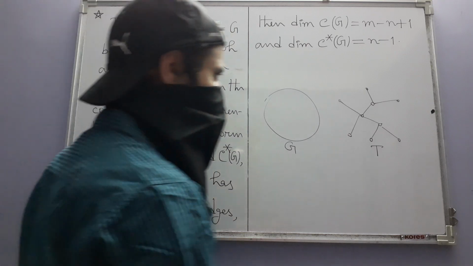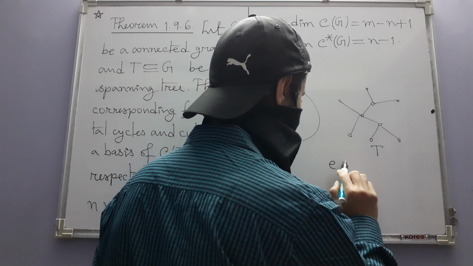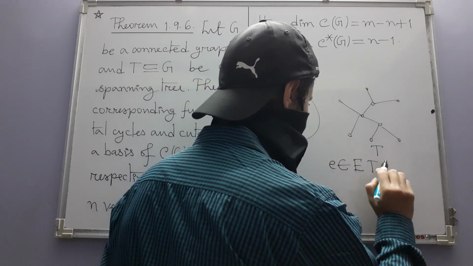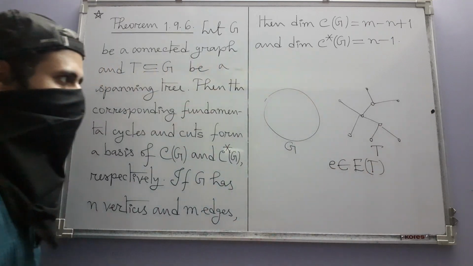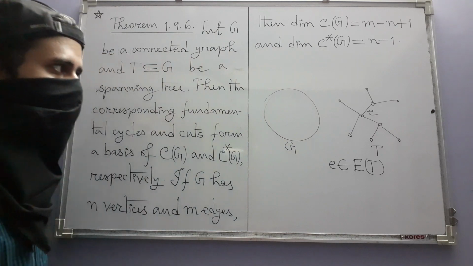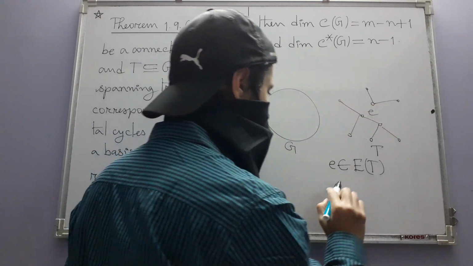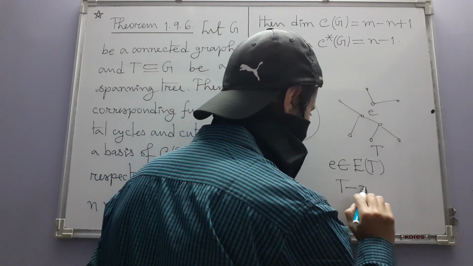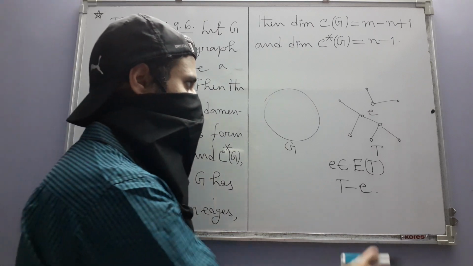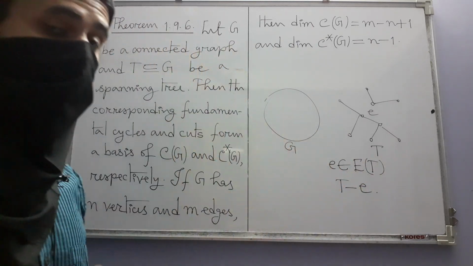Now, for every edge in this spanning tree, say this is an edge E, if you remove this edge, that is if you consider the graph T minus E, then this T minus E has precisely two components.